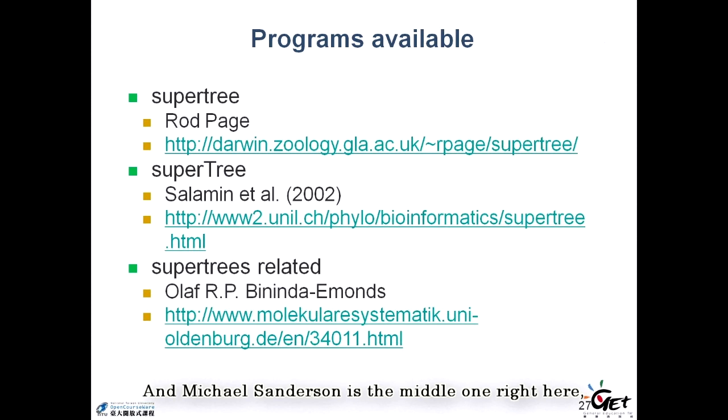Michael Sanderson is the middle one right here, and he is the one who always does this kind of thing. We have a lot of computer monitors put together to actually see a small part of the trees. So this is an interesting way to see it.